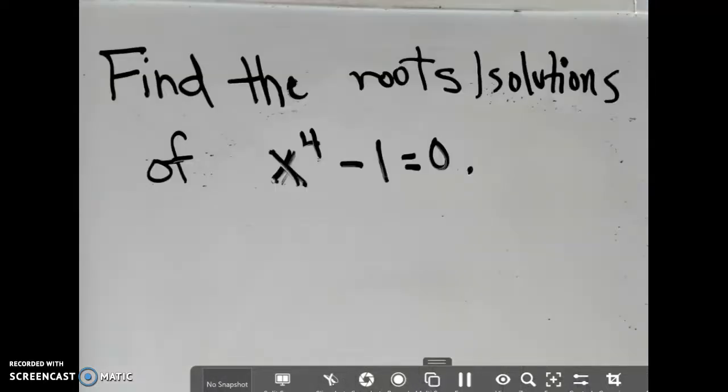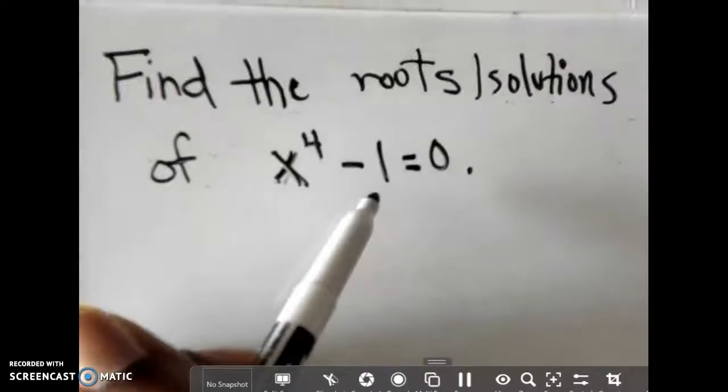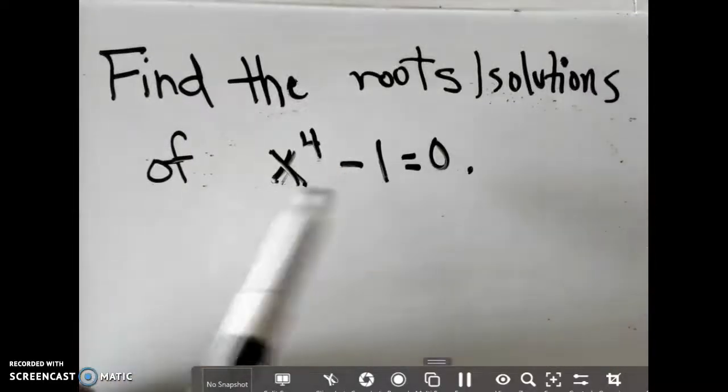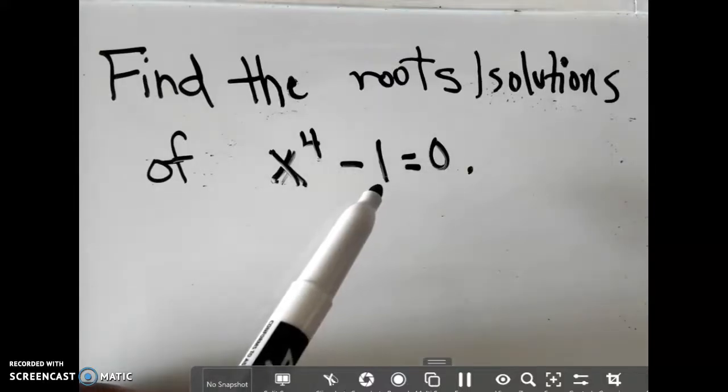We're going to finish off with one last example of finding the roots or solutions of a polynomial. So we're finishing off with x to the 4th minus 1 equals 0. So here again we want to assess the type of polynomial we have. We have 2 different terms, one with x and one without it. That's just a constant.